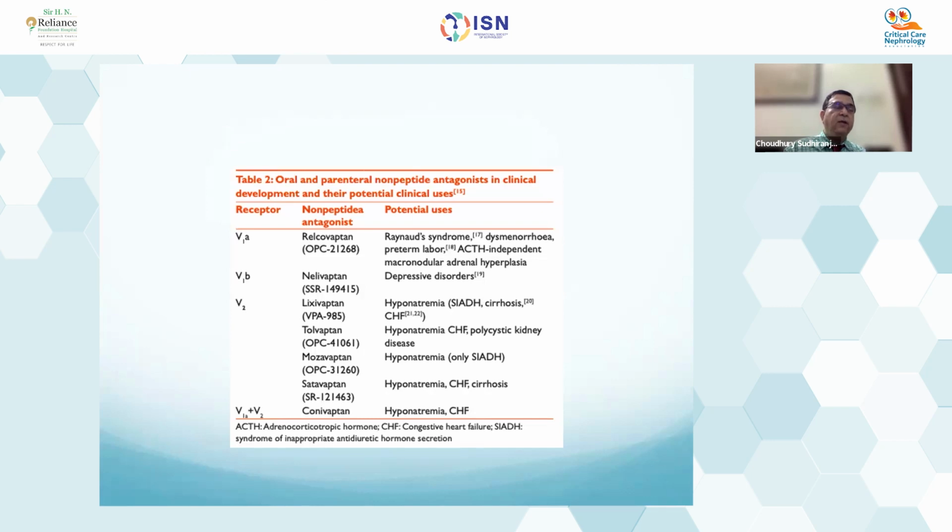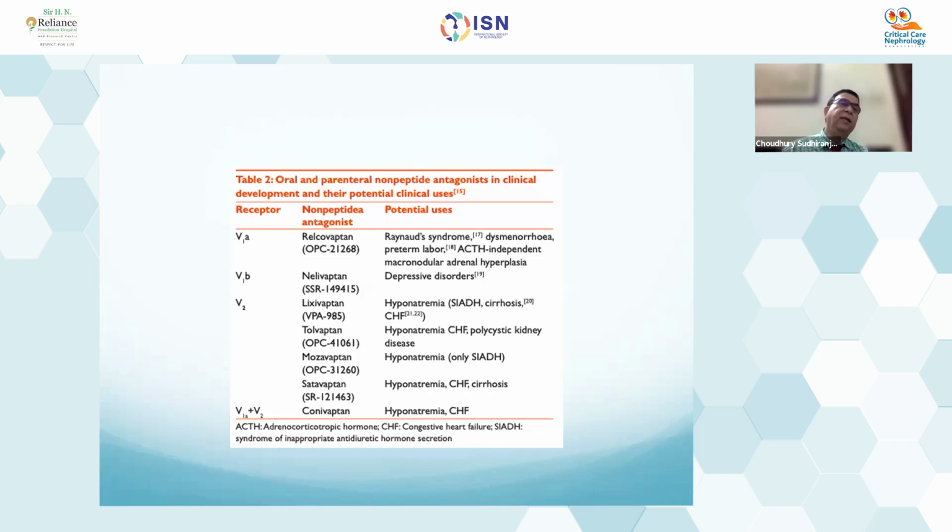But if in spite of that you do fluid restriction, there will be an increased tendency of concentration, liberation of antidiuretic hormone, which the vaptans will not be able to antagonize, and then that will cause more cystic swelling and subsequently damage to the kidneys itself.